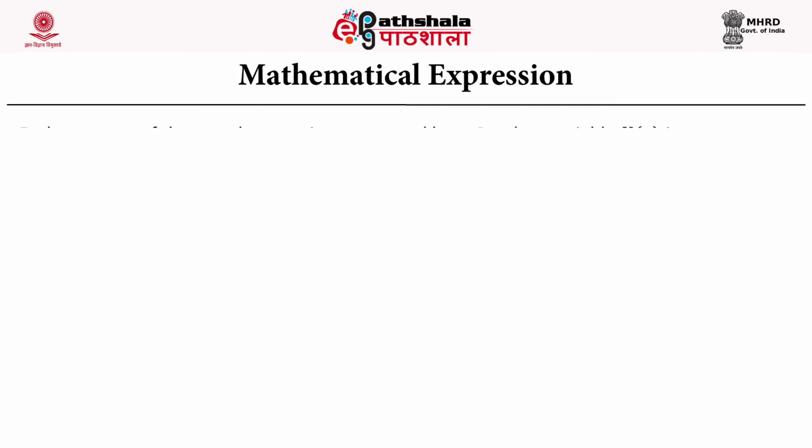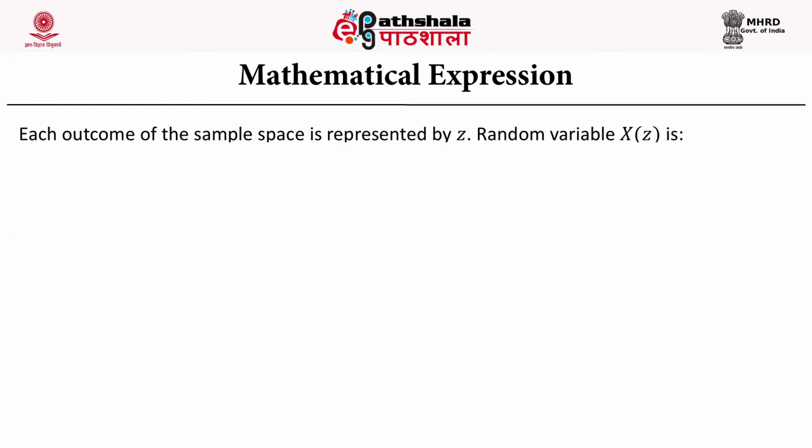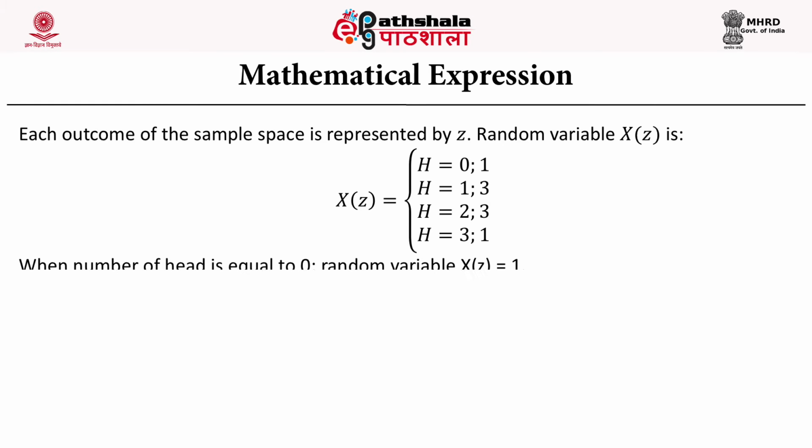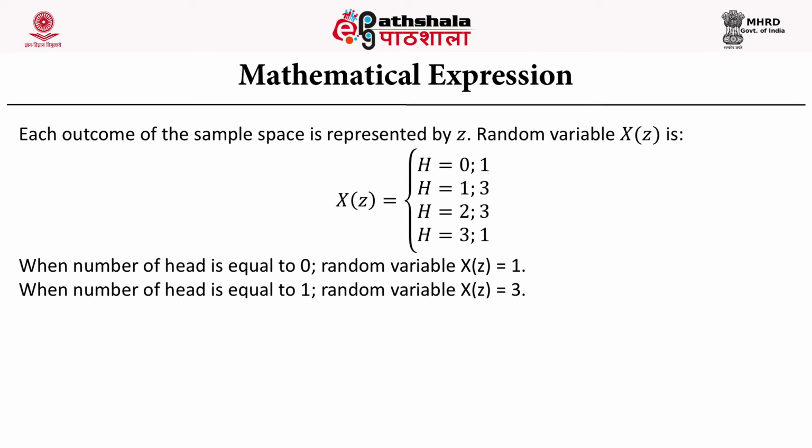So each outcome of the sample space is represented by small z. Random variable X(z) is equal to h, h is equal to 0 if it takes value 1, h is equal to 1 if it takes value 3, h is equal to 2 if it takes value 3, h is equal to 3 if it takes value 1.